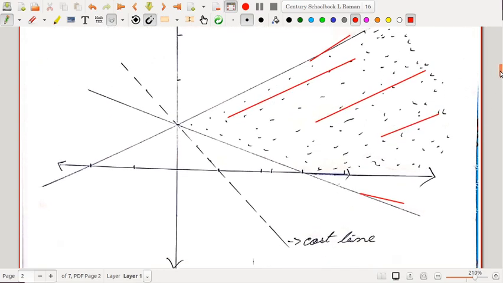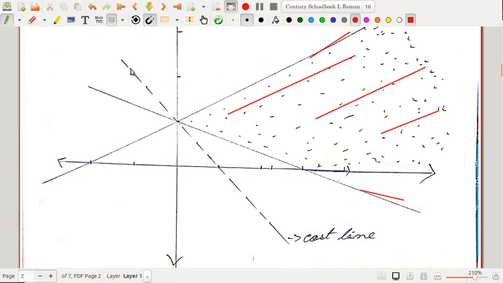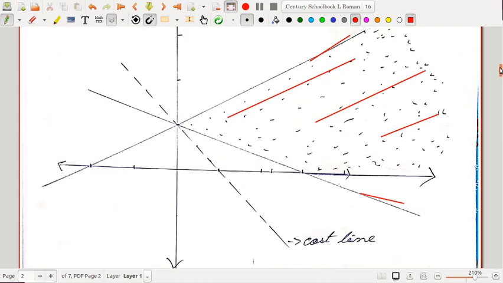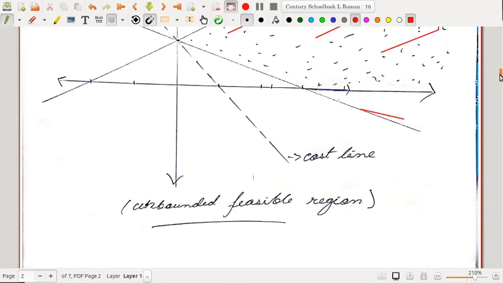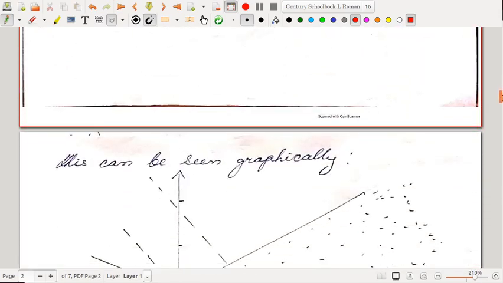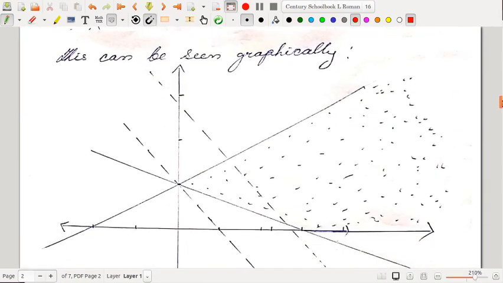If we plot the cost line, this is the cost line corresponding to z equal to 1. If we move the cost line parallel to itself in order to reach a position in the feasible region where the cost line is farthest from the origin, then you will see that we cannot move to a fixed position where it is farthest.